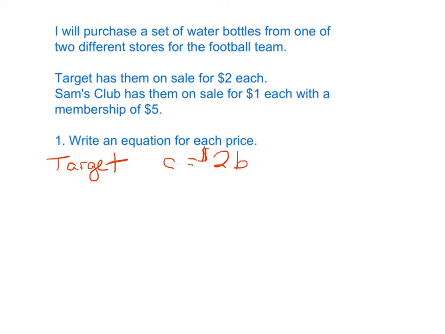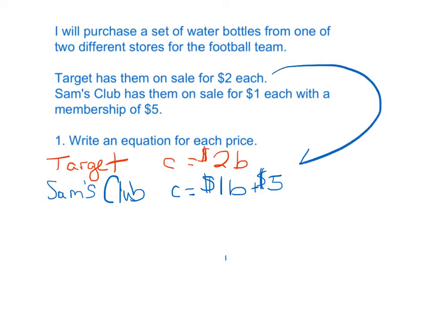For Sam's Club, the cost equals $1 per bottle, but then a membership fee of $5 that you have to pay up front. Now, the real membership fee is a lot more than that, about $40. But for our purposes, just to fit it on the coordinate grid that we had, I wanted to change it around a bit. So, looking at those equations, that's how we pulled the information from here down into our equations.